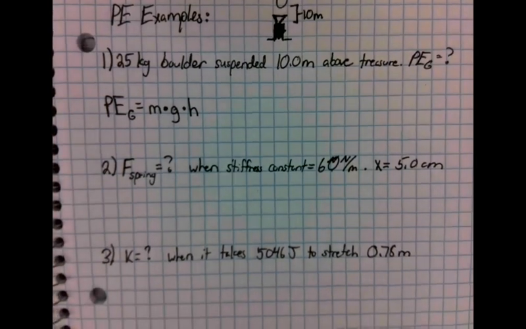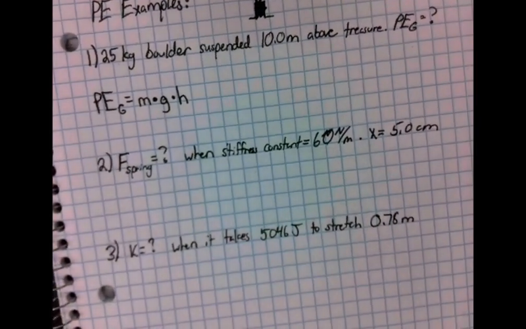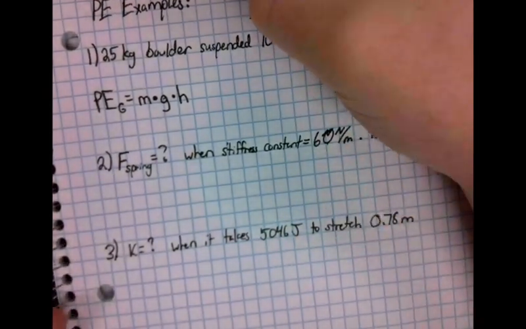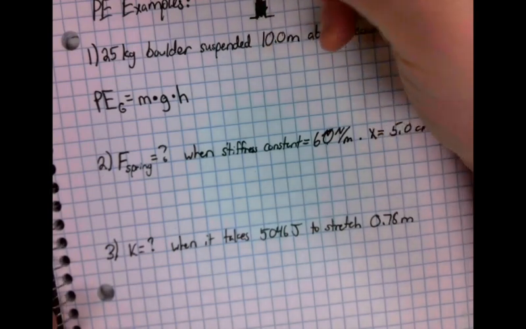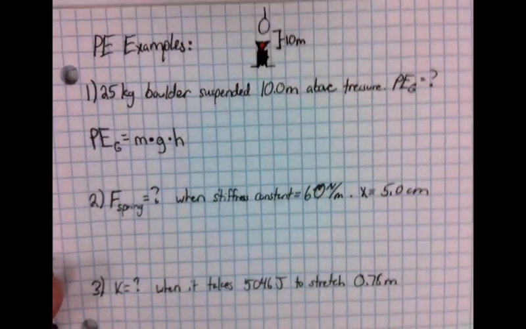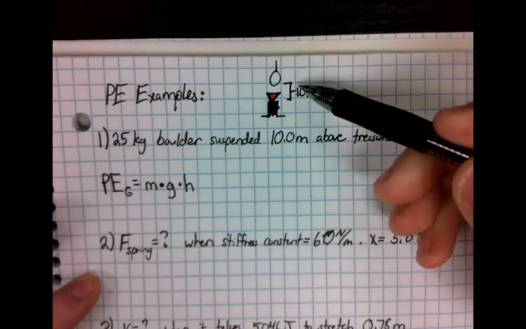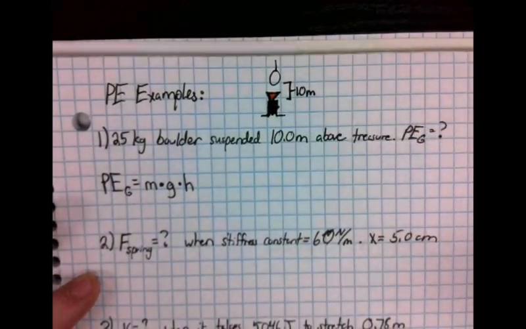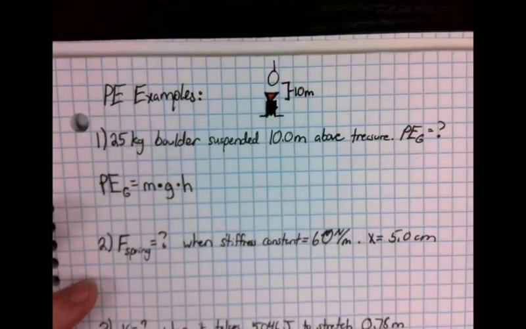In this case, our little crystal, or we'll call it a ruby. I've got a red pen right here. So our treasure that is suspended right here, it's going to fall 10 meters. So at this moment, it has the potential to drop a total of 10 meters.